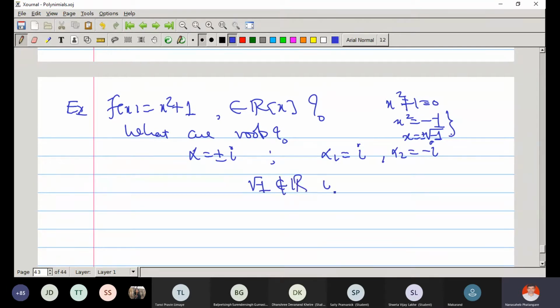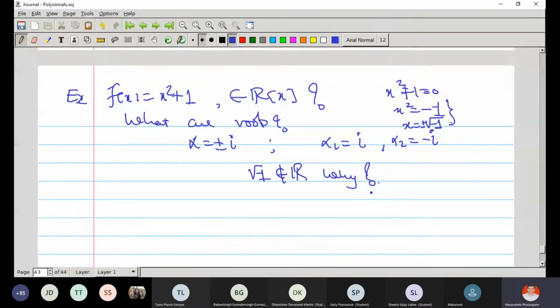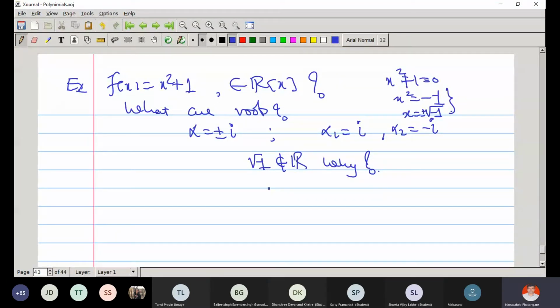Why is the square root of minus 1 not a real number? It is an imaginary number. But why is it imaginary? It is imaginary because it is not real. But why is it not real? What is the basic property of real numbers which is not satisfied by this number?